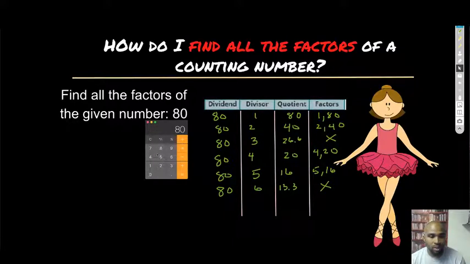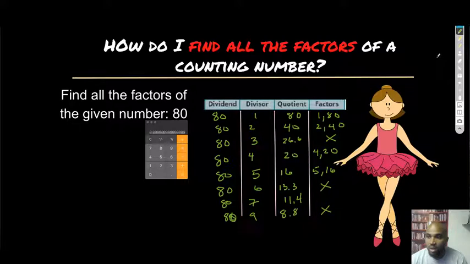80 divided by 7 won't work. So 80 and 7 give me a decimal of 11.4. And you see the numbers are getting close to where they're about to switch. The divisor is about to get bigger than the quotient, and we know we're reaching the end here. 80 divided by 9, that's not going to work, but just to make sure I'm thorough here, 8.8.